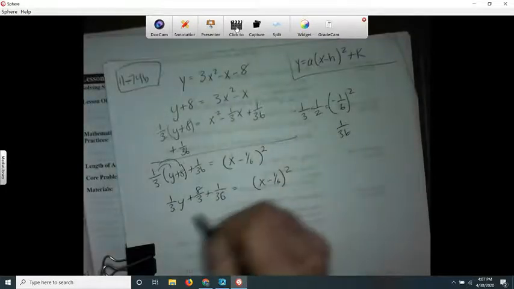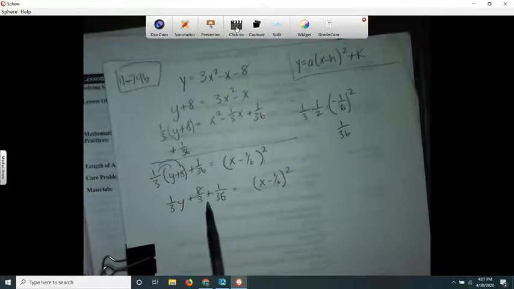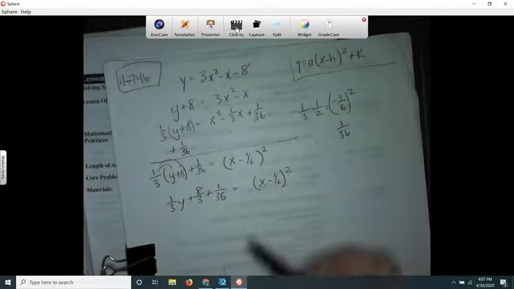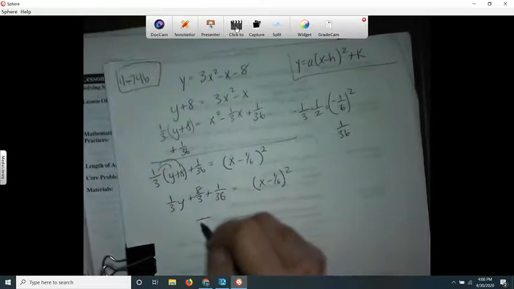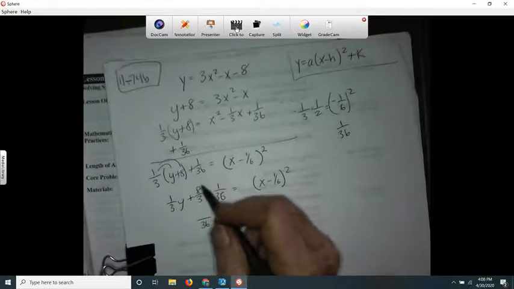What I need to do is add these two fractions. So 36 would be a nice common denominator for me. 3 times 12 is 36. 8 times 12 is 96.